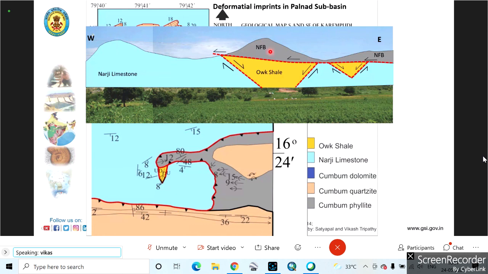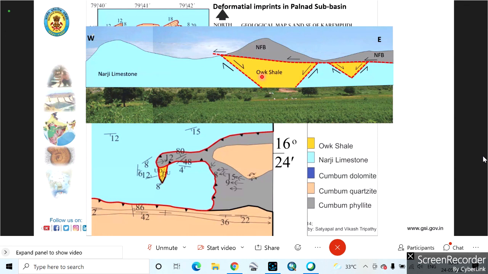Whereas in the oak shale, again here, you notice that there is movement of the blocks; we have identified normal faults. This type of feature made us understand that some sort of normal fault, which you can call a horst and graben type of structure, what you're seeing here, developed prior to the thrusting of the Nallamalai fold belt.